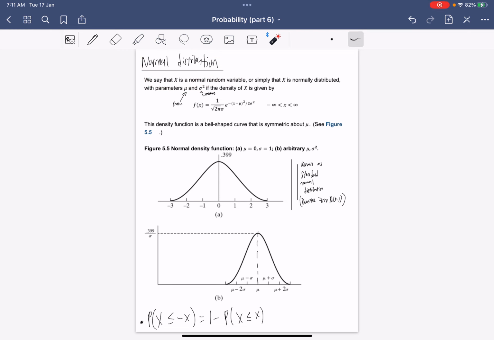We say x is normally distributed, x follows a normal with parameters mu and sigma. Mu is the expected value, the mean, and sigma squared is the variance.